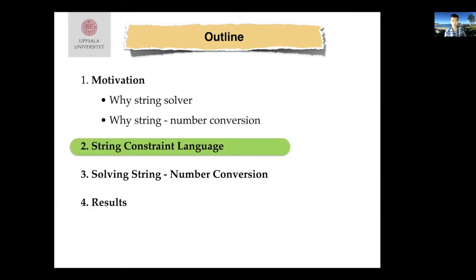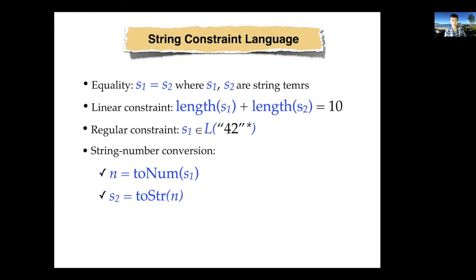And the next part of our talk will be the string constraint language we support in our string solver. Now, to keep the talk simple, I just mention here some string functions we support. The first one is a string equation between strings. So for example, we have S1 equal to S2, where both of them are string terms.